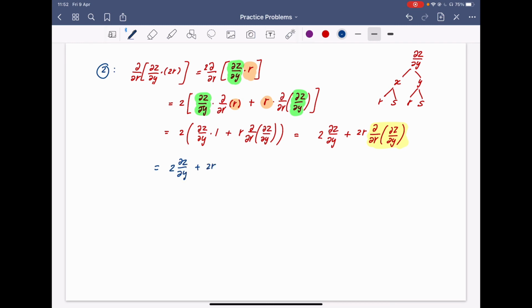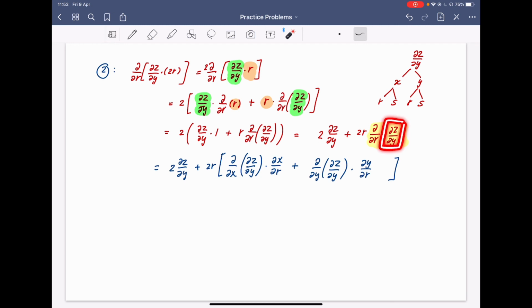And then the last term that I highlighted in yellow here is going to be: differentiate the thing that I have, curl C by curl Y, with respect to x first, and then curl x by curl R, and then plus differentiate with respect to y the thing I have over there, and then curl y by curl R. All right, hopefully you can follow that.